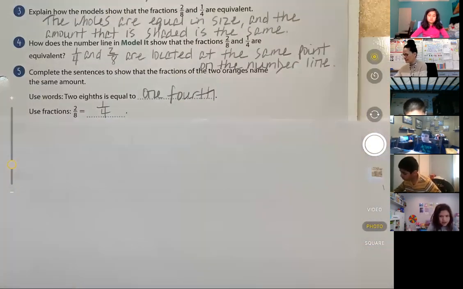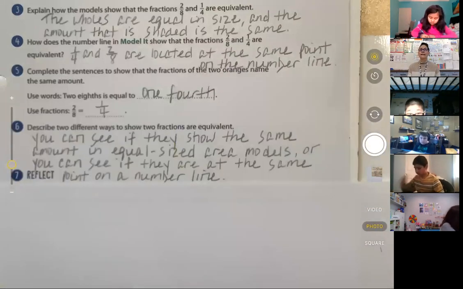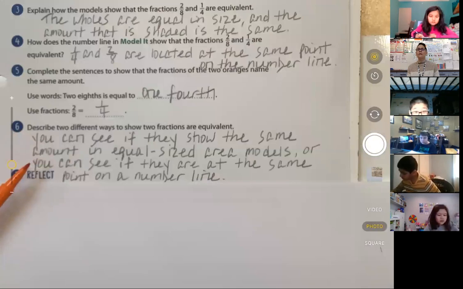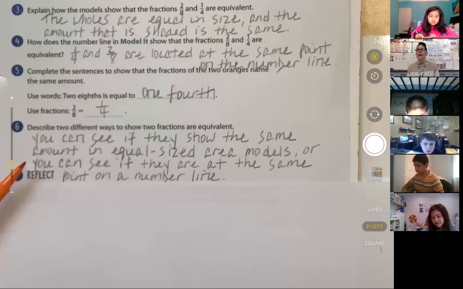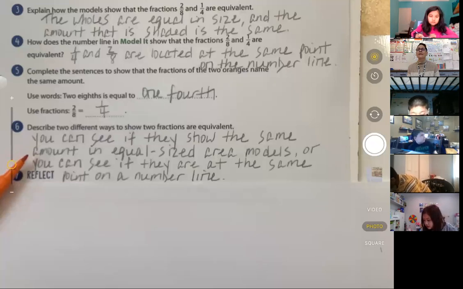All right, so for number 6, it is saying that you can see if they show the same amount in equal sized area models, or you can see if they are at the same point on a number line.